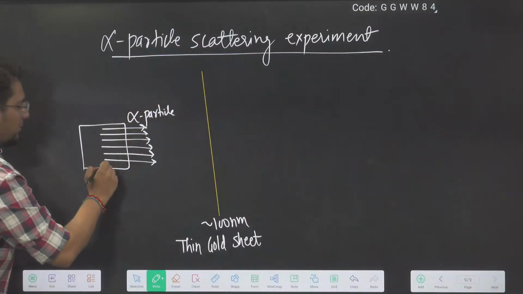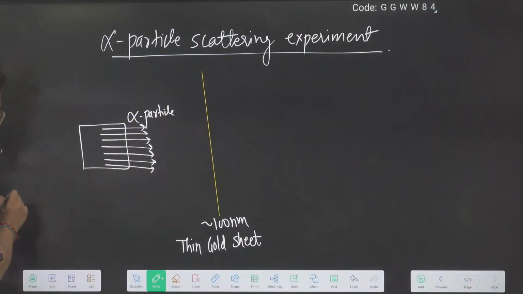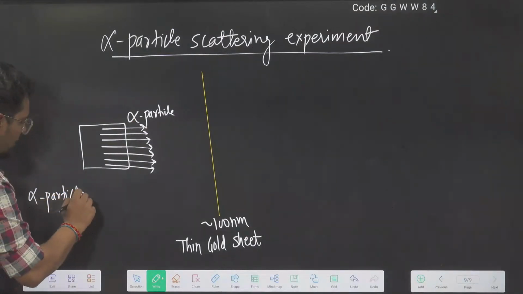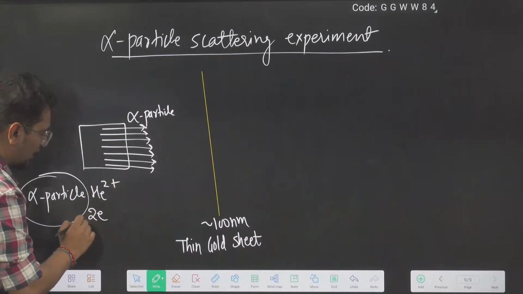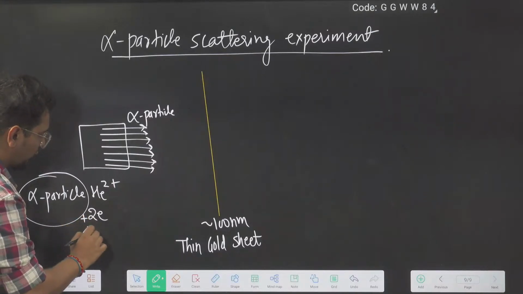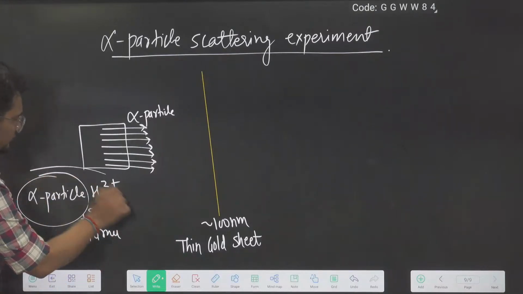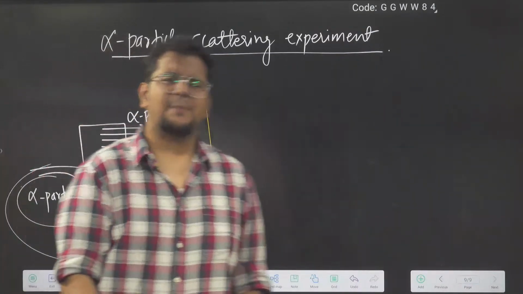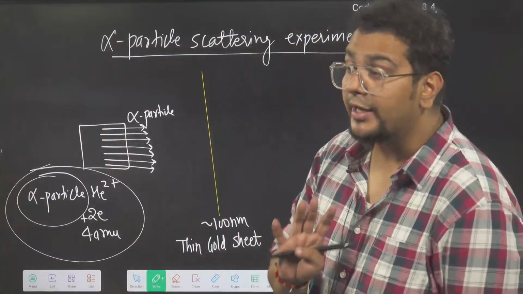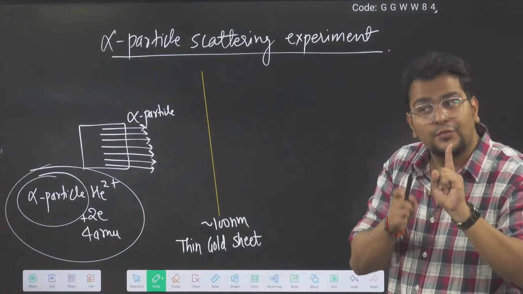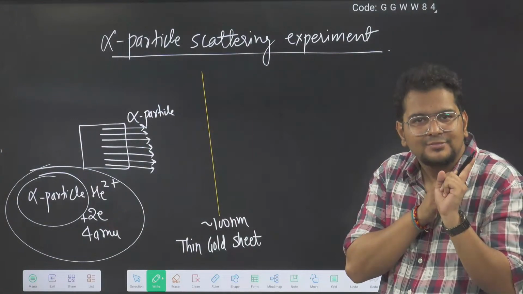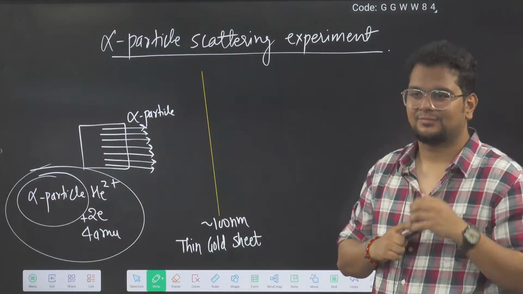Just for your memory, let me remind you, alpha particle is helium 2 plus. It has 2e charge and 4 AMU mass. Now I want you to focus. Proton has 1 AMU mass and charge 1e.